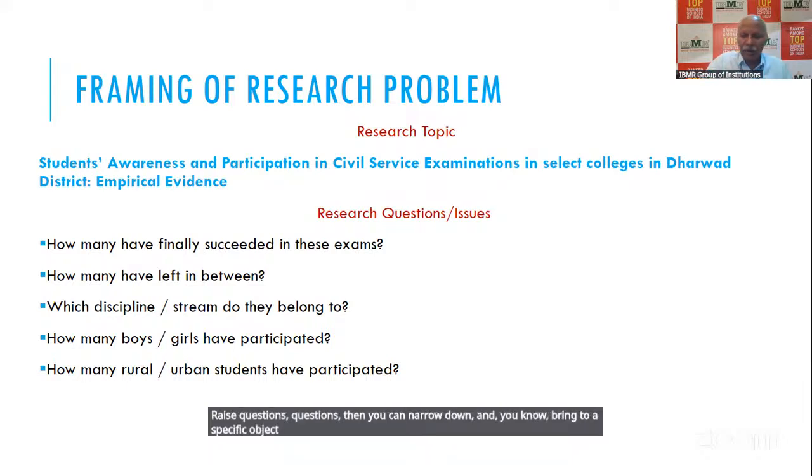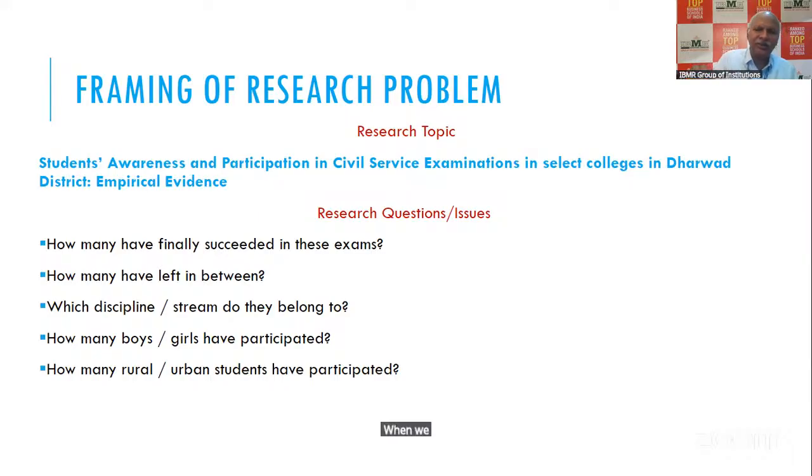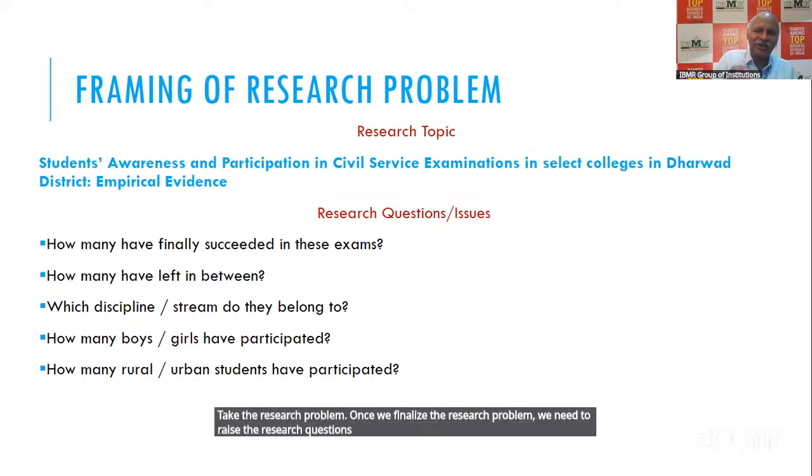These are the questions we have raised. When we formulate research objectives, first we take the research problem. Once we finalize the research problem, we need to raise research questions, which are also known as research issues.